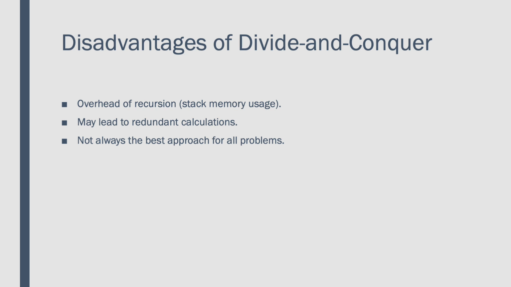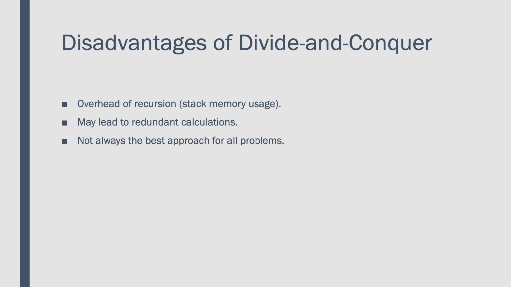What does it mean? Divide and conquer often relies on recursion, which means that multiple recursive calls are made. Each function call consumes stack memory, and excessive recursion can lead to stack overflow issues if the depth of recursion is too large.